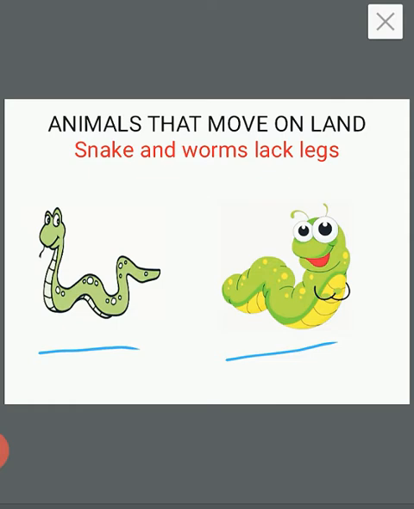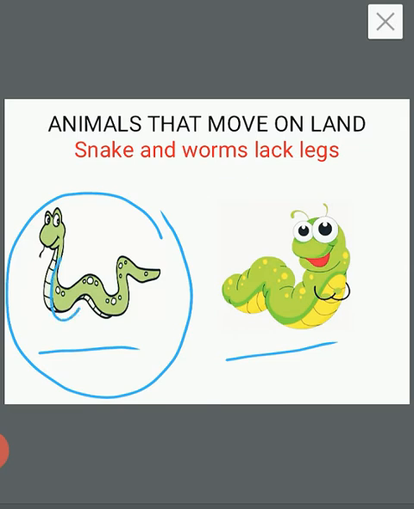So how do they move? Now I'm going to talk about the movement of a snake. How does a snake move? A snake moves by curving and straightening its body.